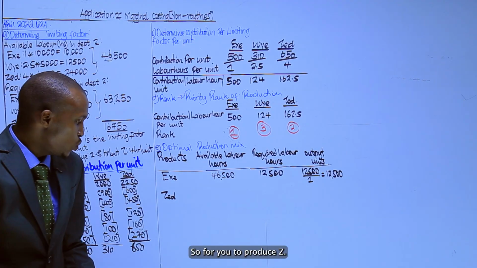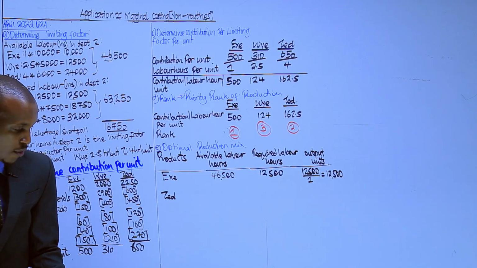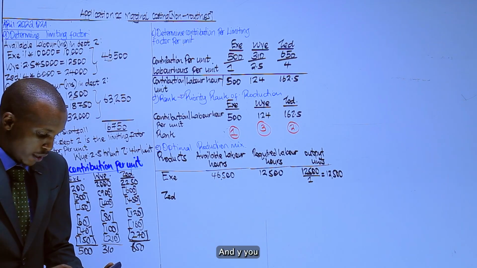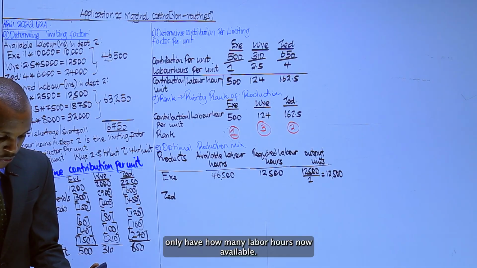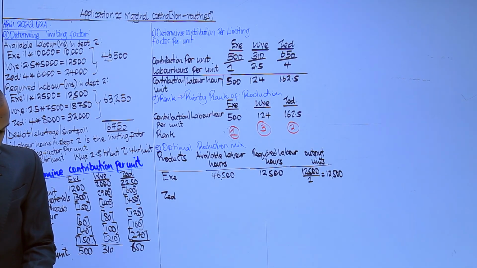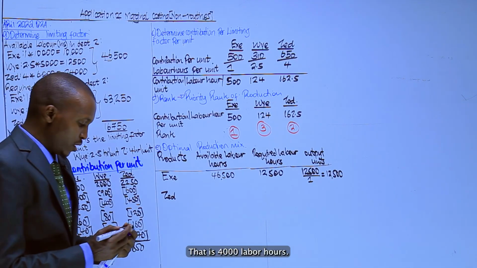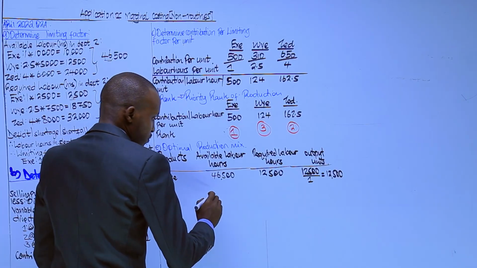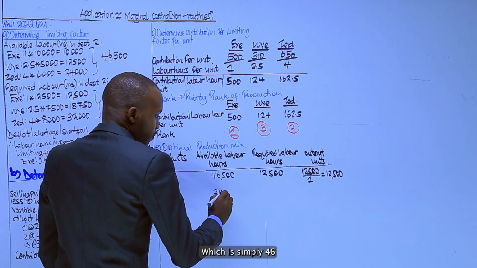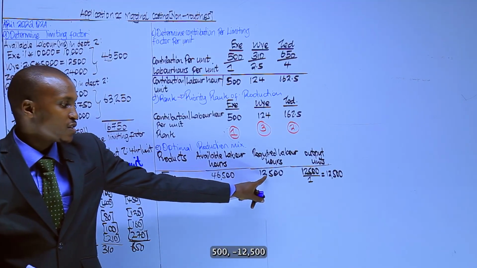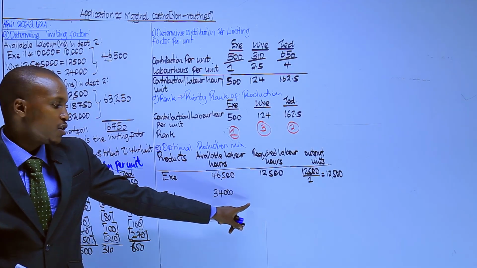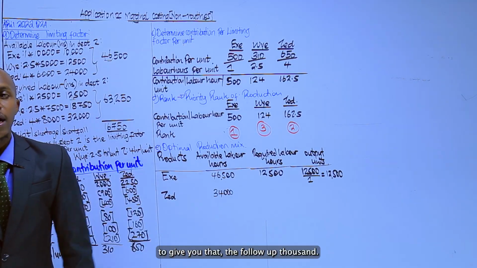So for you to produce Z and Y, you only have 34,000 labor hours now available, which is simply 46,500 minus 12,500 to give you 34,000.